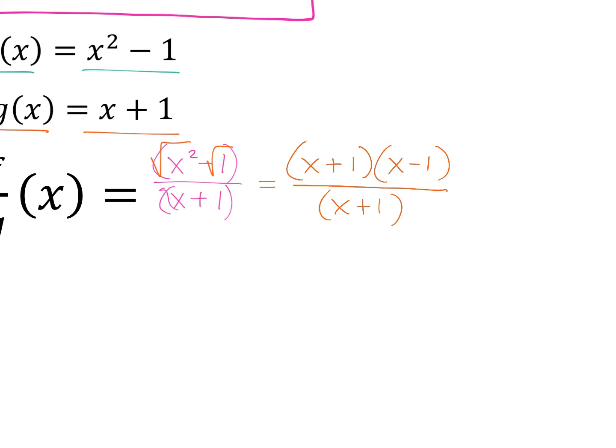Anything over itself is what? 1. So it's okay for you to do this. You just can't do like just the x's, right? You can't do that. But this is some number, x plus 1, divided by some number that's the same number, x plus 1. So that's 1, okay? That goes away. That means this whole thing equals x minus 1.